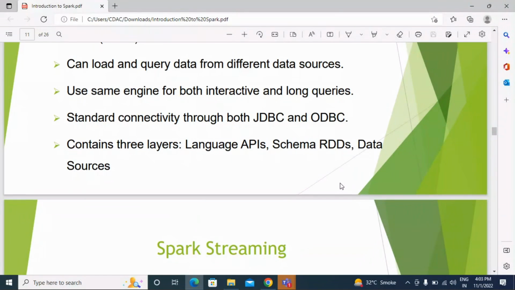Just a second, please. Hold on for a minute. Open database activities.